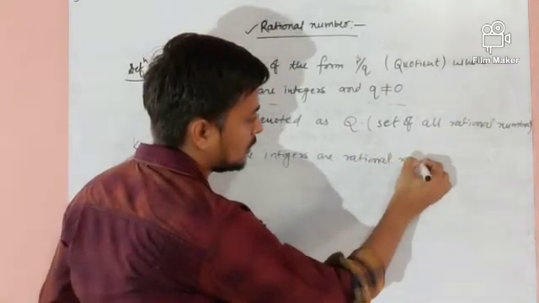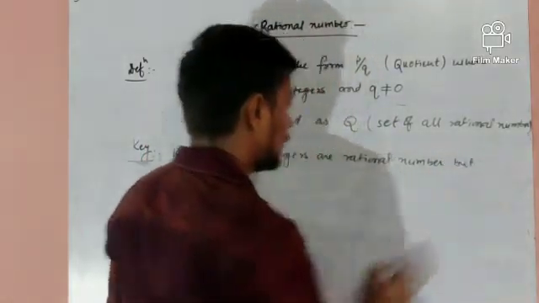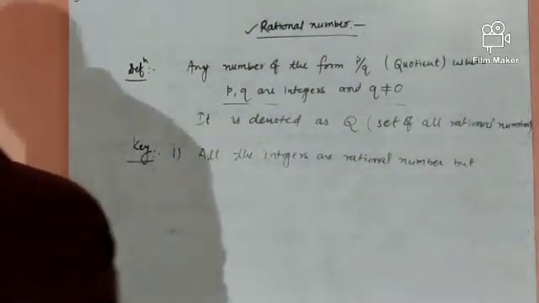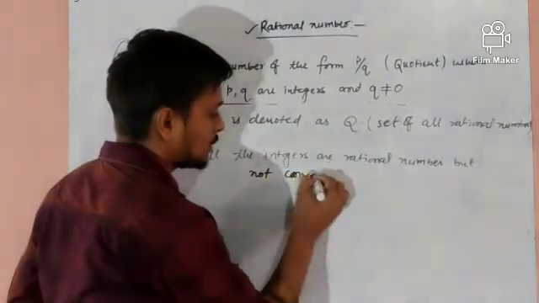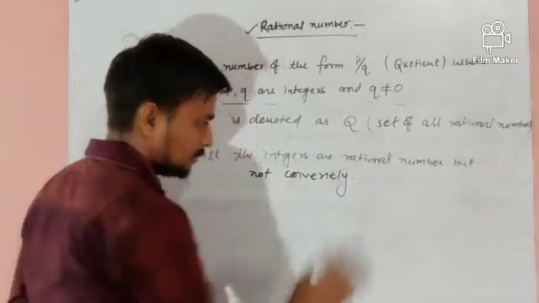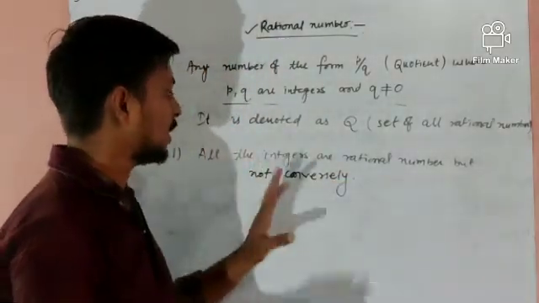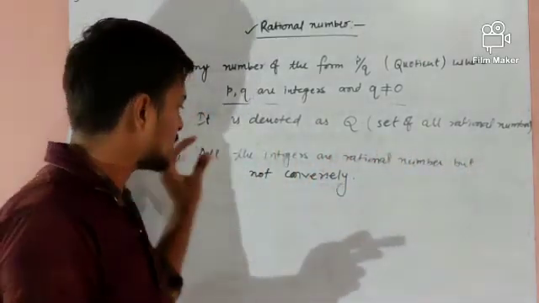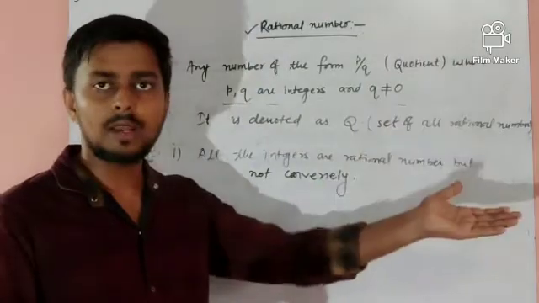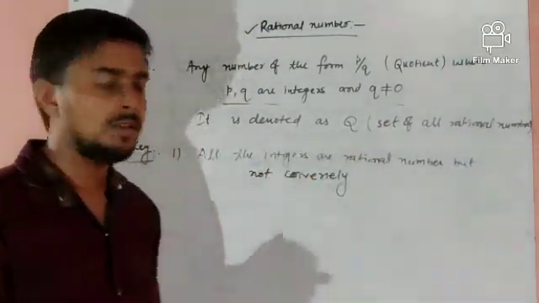All the integers are rational numbers, but not conversely. Once again, the meaning is the same, that every integer will be a rational number. We can easily call all integers rational numbers, but not all rational numbers will be integers.